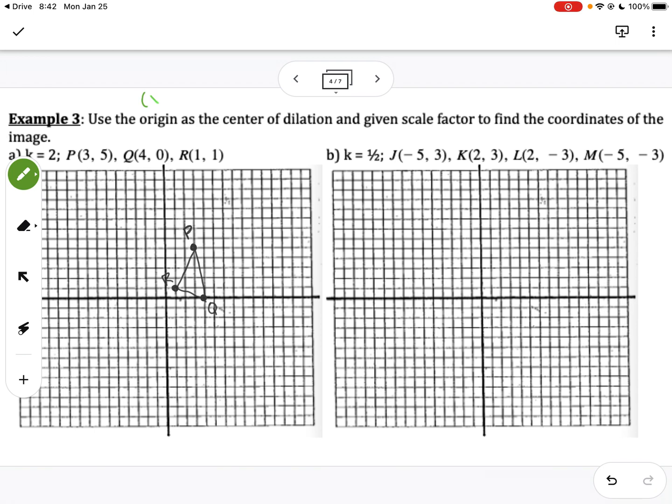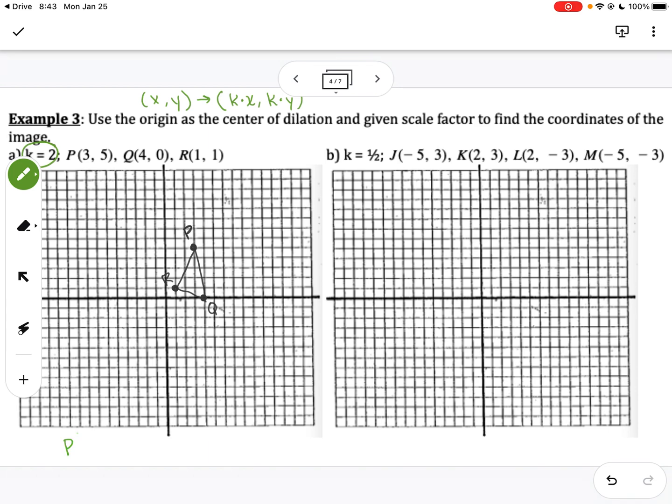The rule for a dilation is that you take the scale factor and multiply it by the x value and multiply it by the y value. So both parts of the ordered pair get multiplied by that scale factor. If my scale factor is 2, one thing I know is that this is going to be an enlargement because that scale factor is greater than 1.